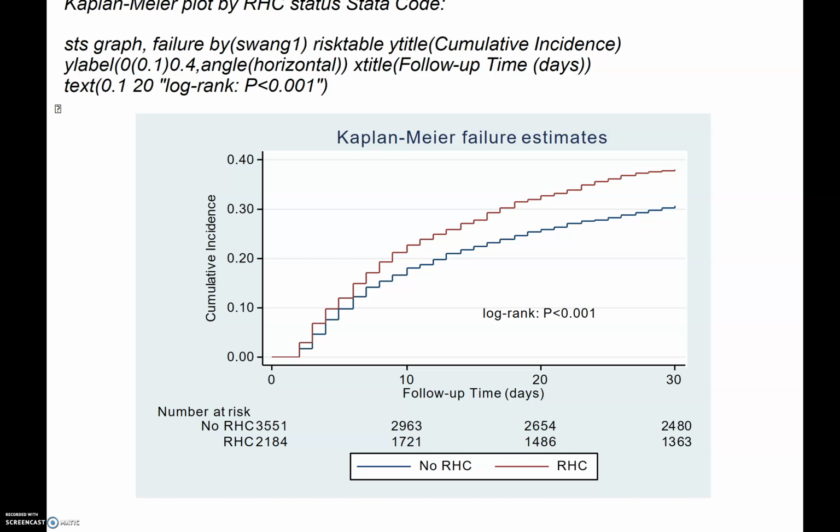Okay, so first you might look at some survival curves, which these are classic Kaplan-Meier survival curves. This is all in R, you can tell. Some of the code is up there. In the RHC, there's a good separation, first of all, I'd say, between the RHC and no RHC groups.